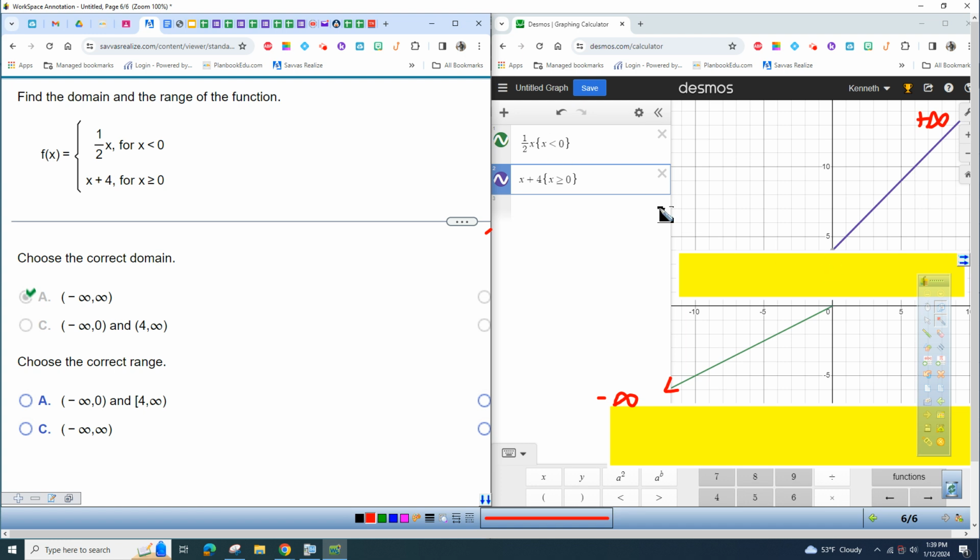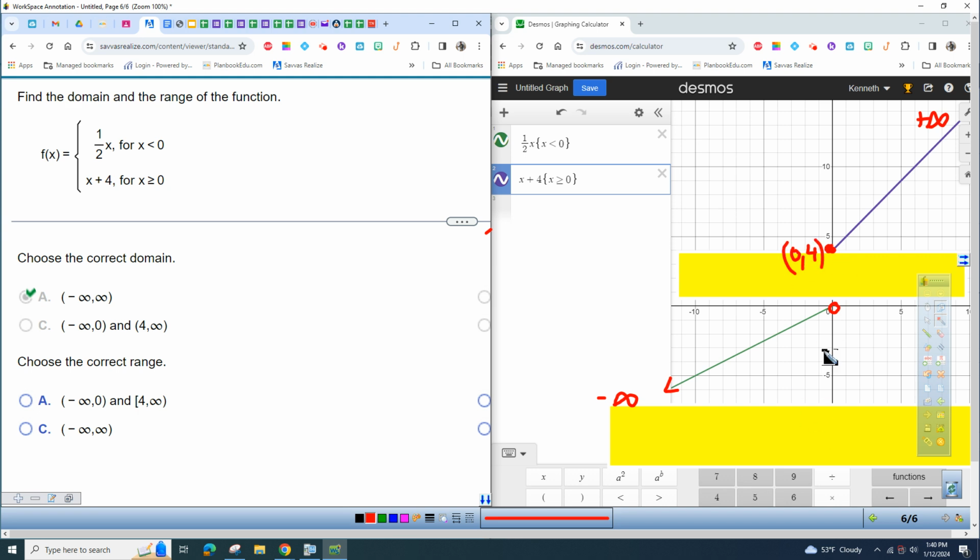This guy has an open dot, and this one has a closed dot. So from negative infinity up to what? What's the y value there? 0, because that's at the origin. And what's the y value here? 4, because that is the point 0, 4.